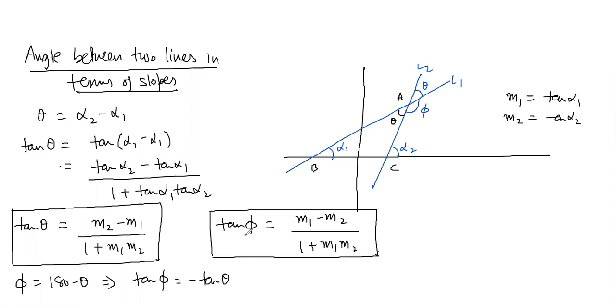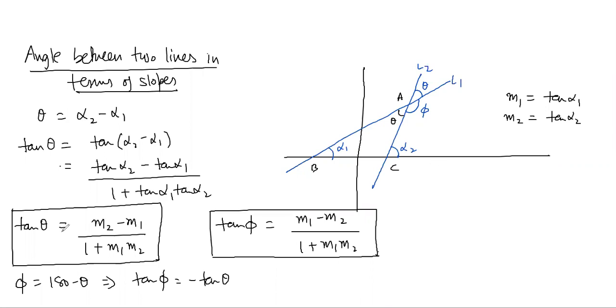So whenever two lines are given and their slopes are given, and we have to find the angle between the two lines, there are two angles, theta and phi, and tan theta will be m2 minus m1 upon 1 plus m1 m2, and tan phi will be m1 minus m2 upon 1 plus m1 m2.